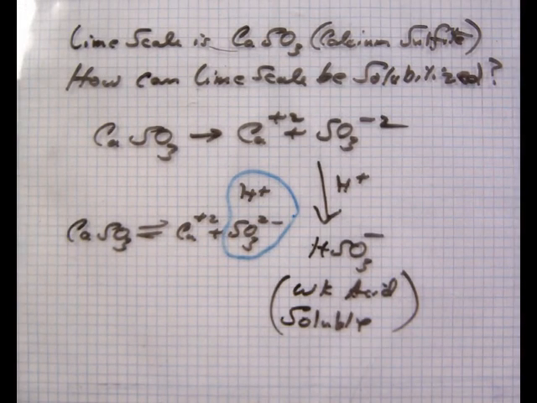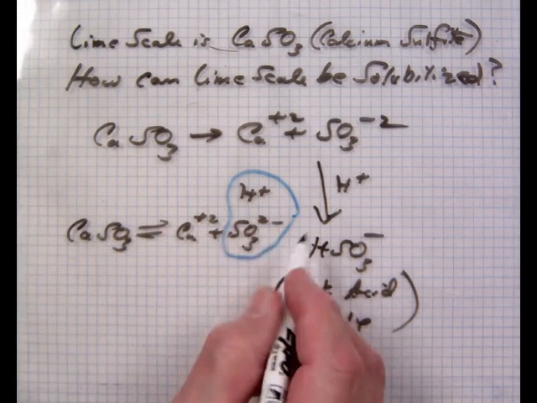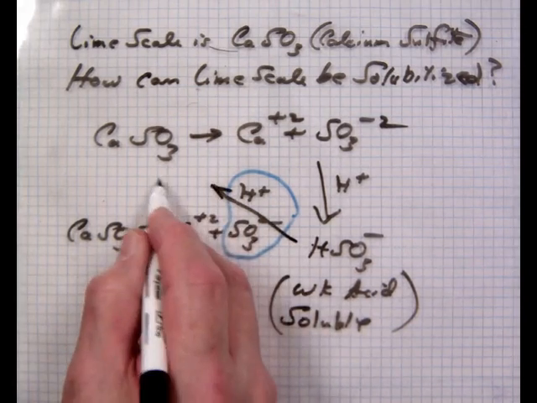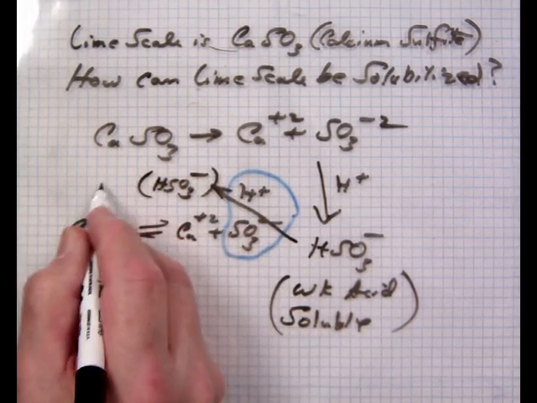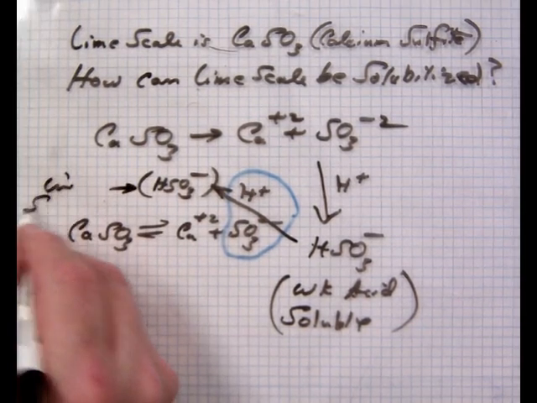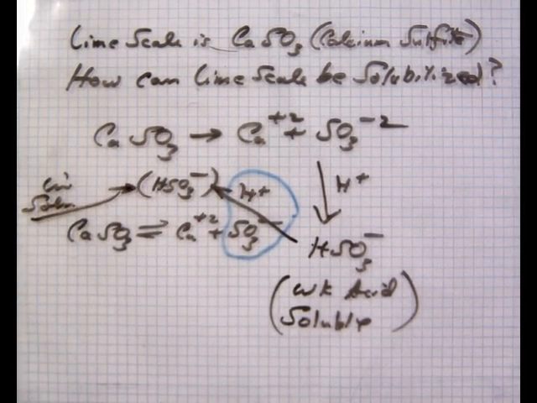The HSO3 will go into solution. Okay, so put this way, HSO3 minus, and that's in solution right there. So you've gotten rid of it.